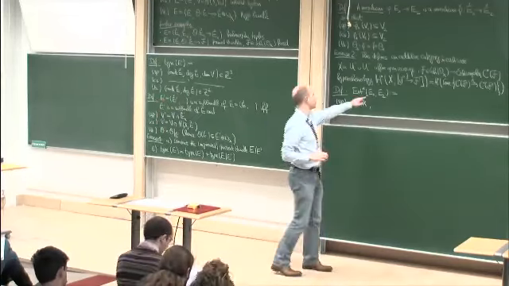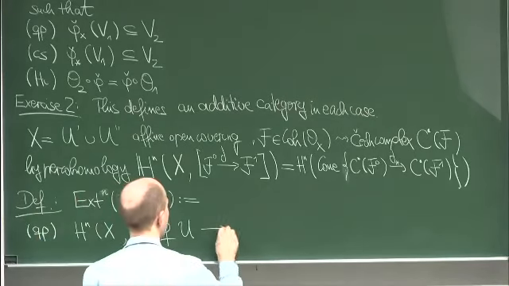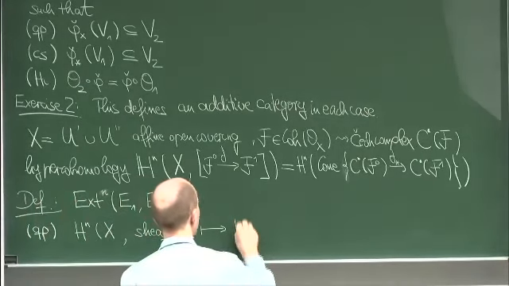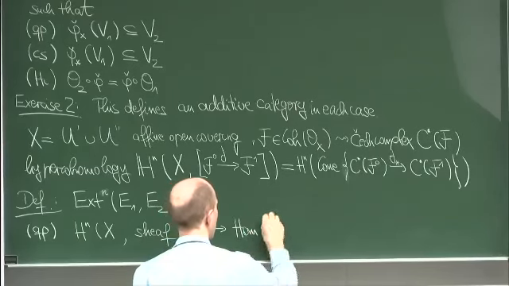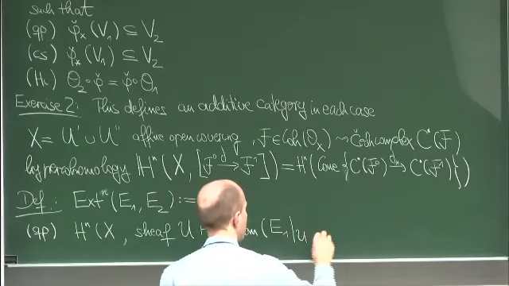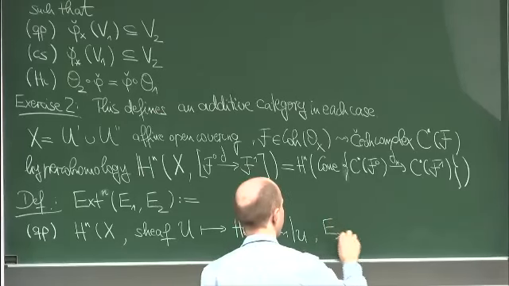So it's a sheaf on X, and it assigns to every Zariski open part U of X the complex vector space of morphisms, augmented morphisms, from the restriction of E1 to the restriction of E2.